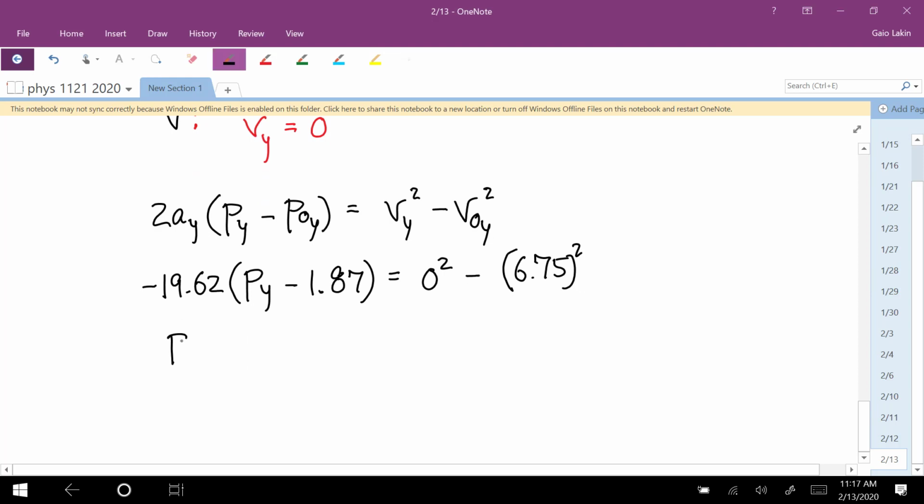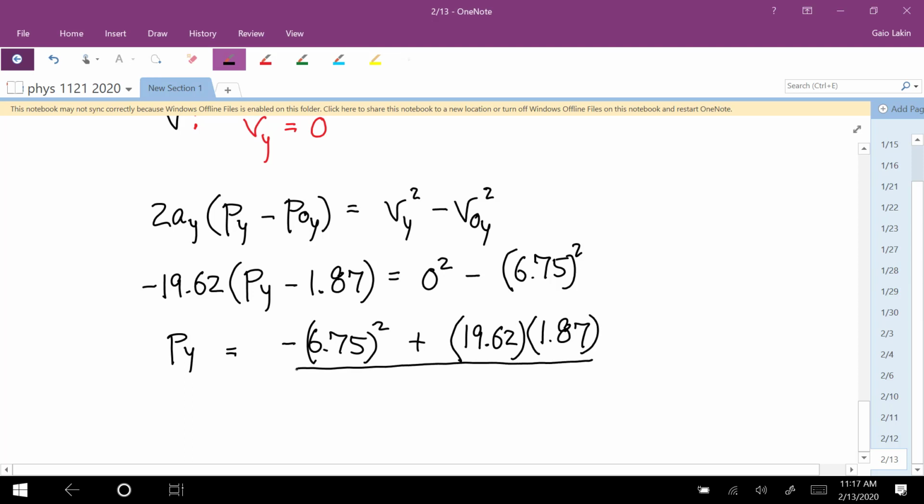And so py is equal to negative 6.75 squared plus 19.62 times 1.87, nope, that's minus, divided by negative 19.62.